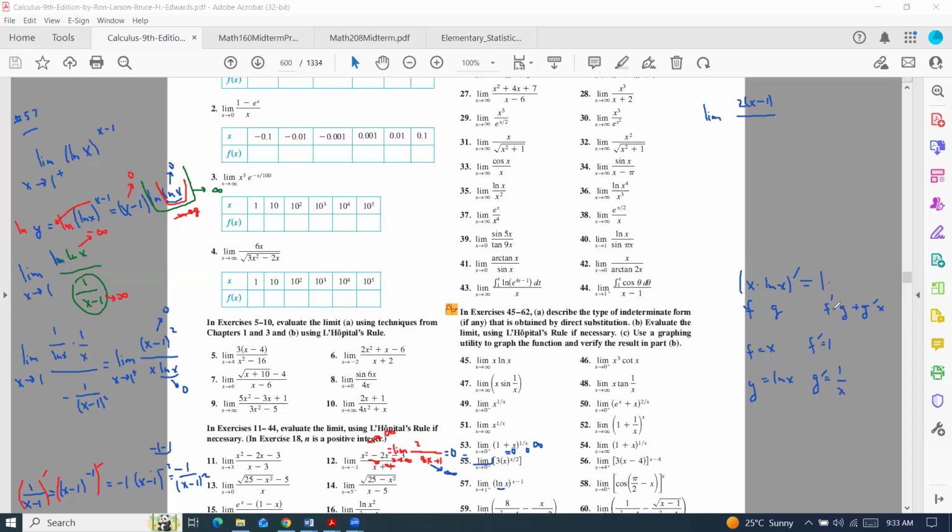F prime is 1, right? Instead of g, I put ln x, plus g prime, which is 1 over x, multiplied by f. So what's the function f? That's x. So please notice that we ended up with ln of x plus 1.